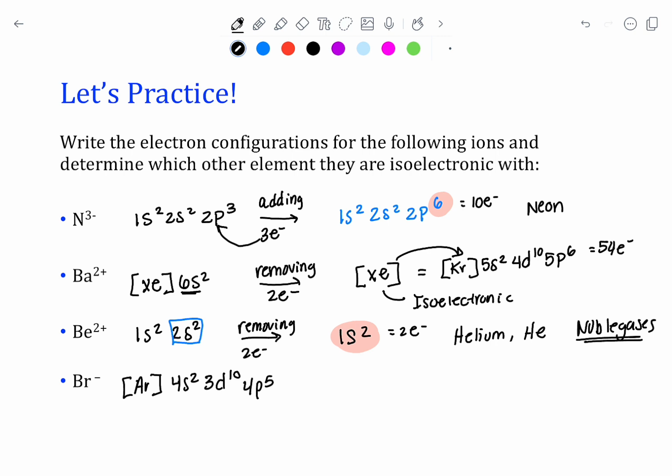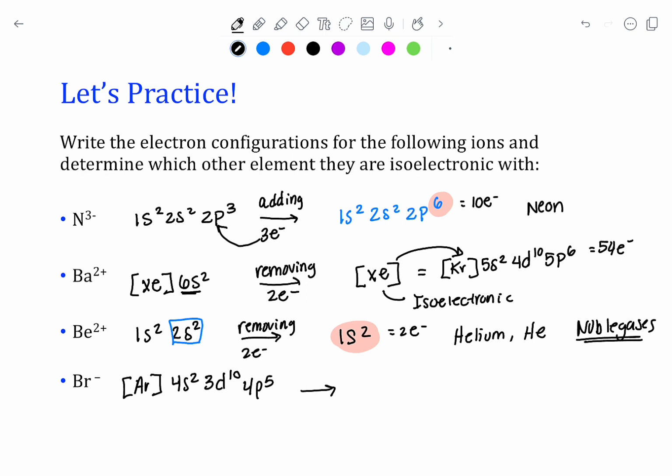Okay, just so I don't have to write out all of the electron configuration, but if you want to write out the full electron configuration, you're more than welcome to do that. If you're still practicing how to do the noble gas core, that's totally fine. Feel free to pause your video, write out the full electron configuration, find the noble gas core, and just double check that your starting electron configuration is the same as mine.